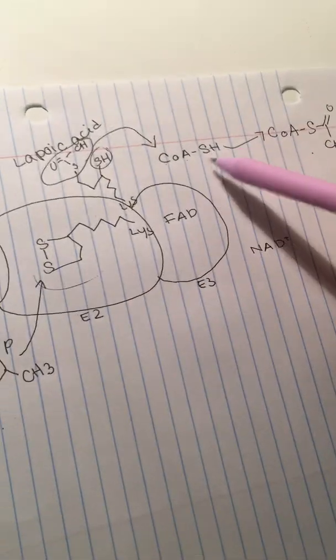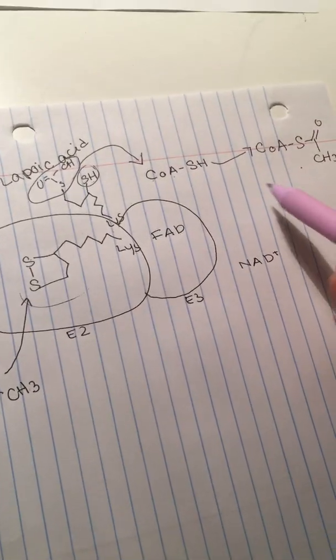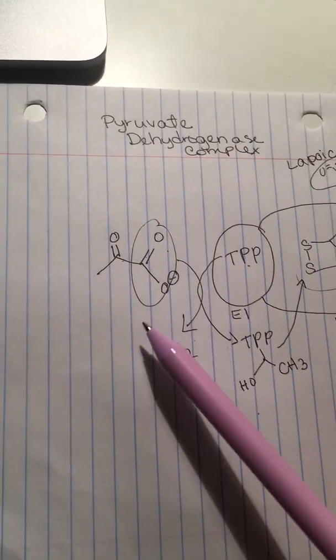So this is not bound to any membrane or any molecule, so this is just floating freely, and that's how you get an acetyl group from pyruvate.